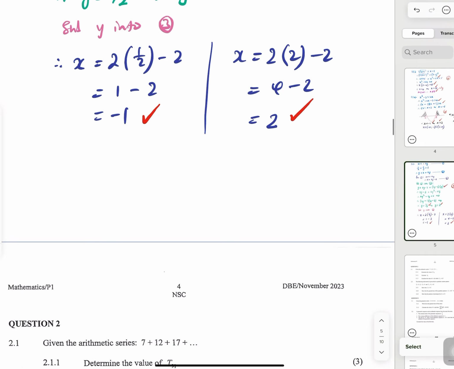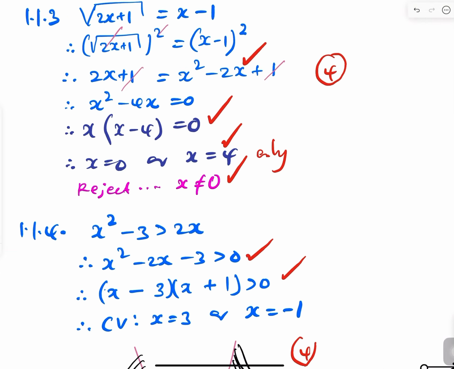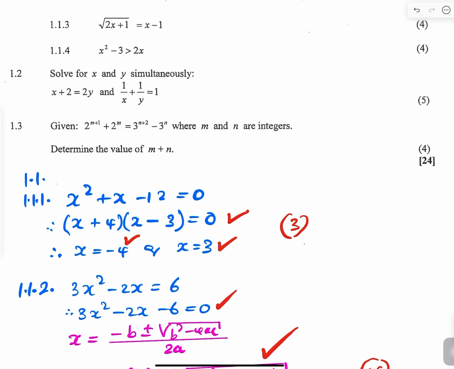And now let me add more pages for the last question. For the last question, where is it?